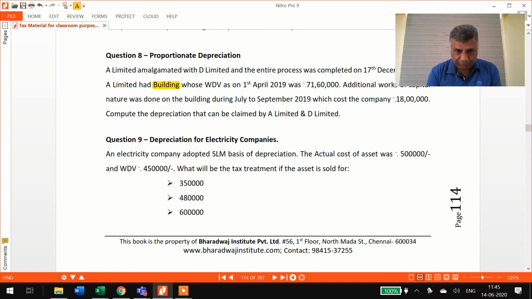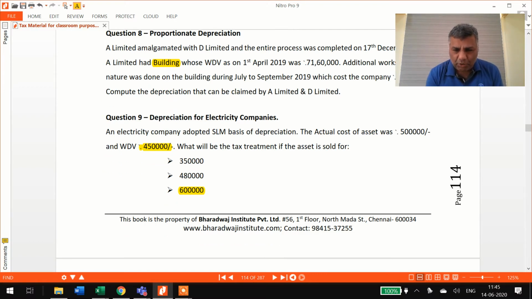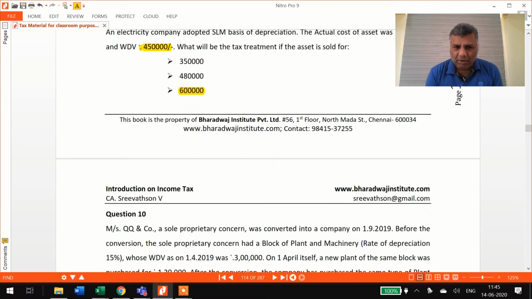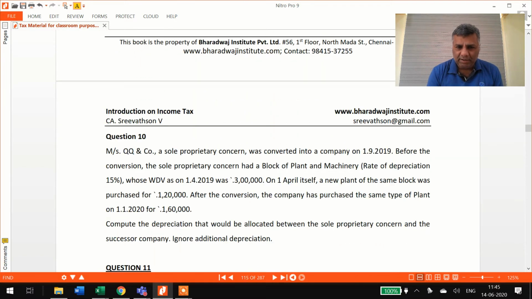See, 450 is the book value. You sold for 6 lakhs, so 150 is the profit. But you are taxing it in two ways. Over and above the original cost, 1 lakh will be considered as capital gains, and the difference between original cost and book value, 50,000, will be differently treated.